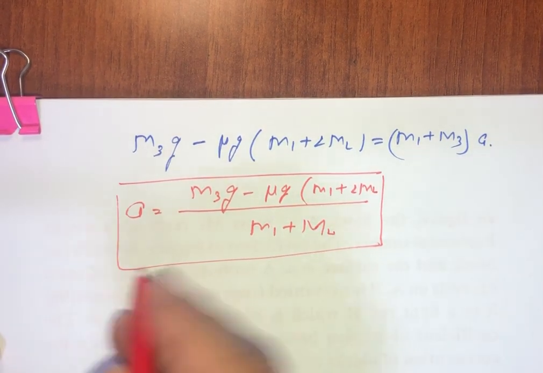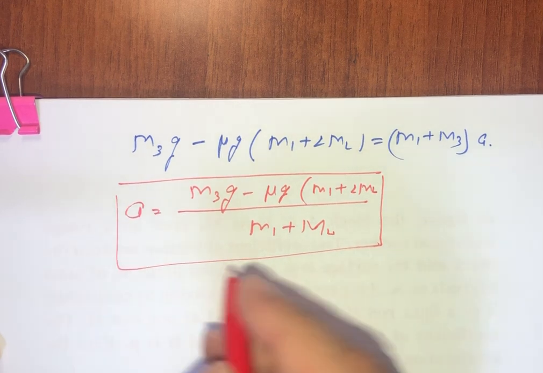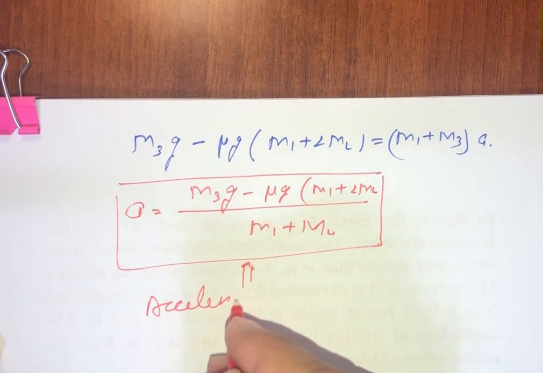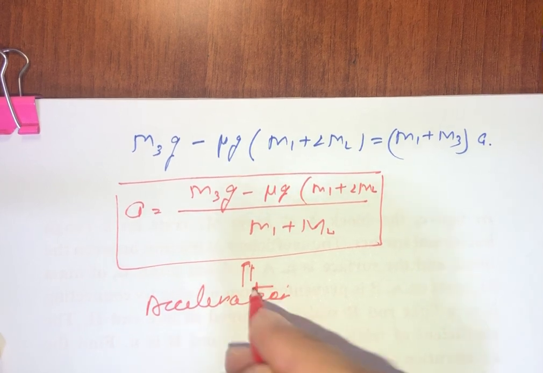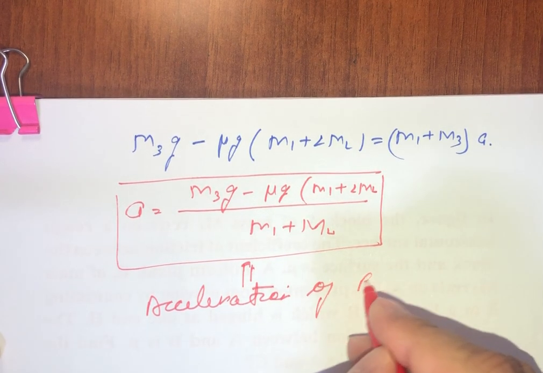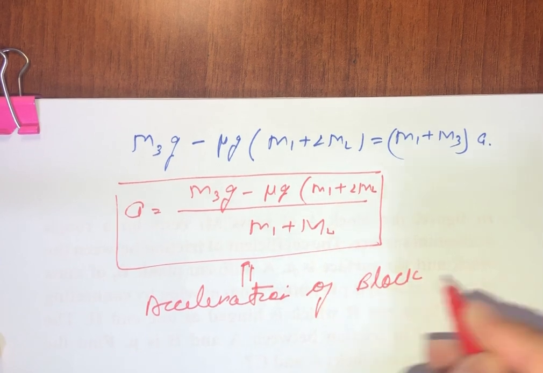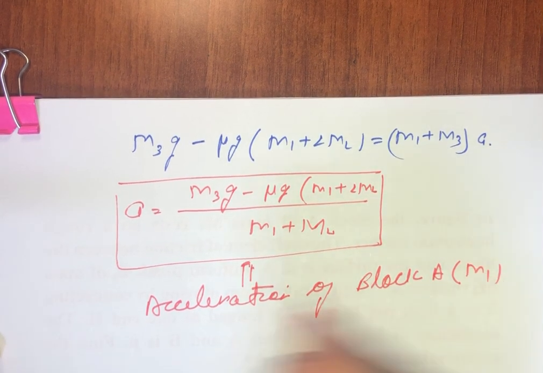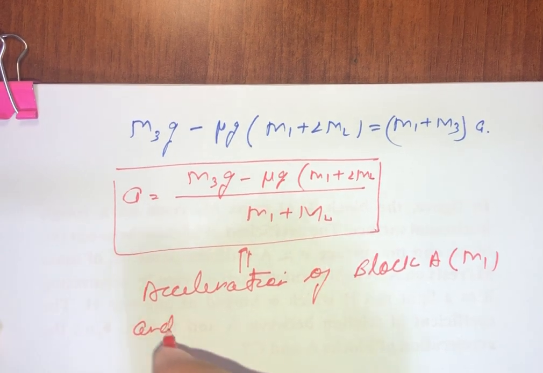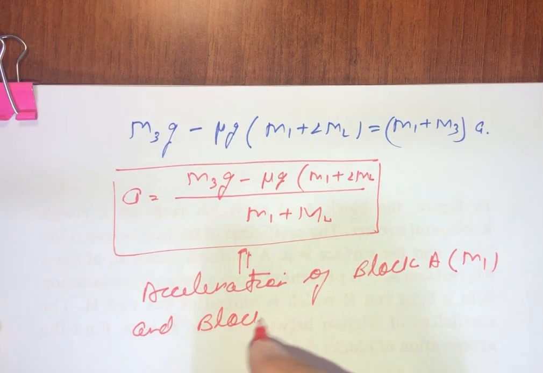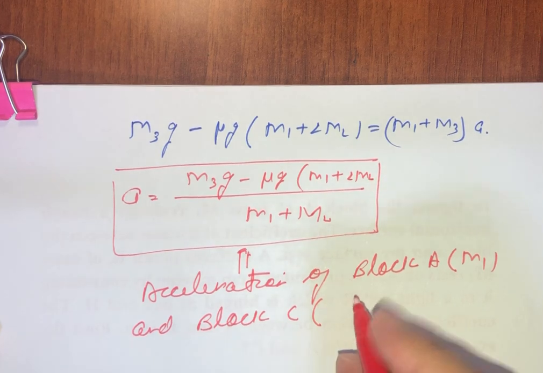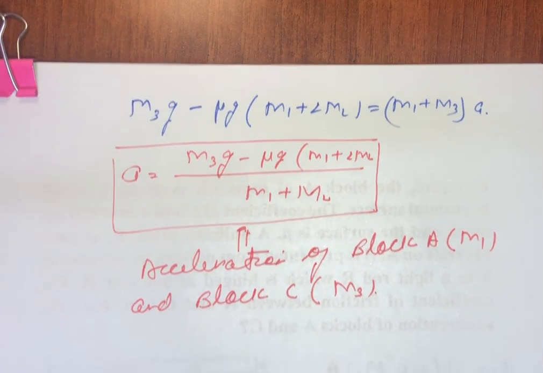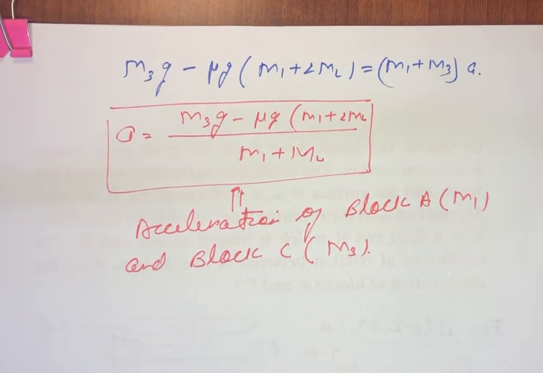So this is the acceleration of block A, whose mass is given as m1, and block C, whose mass is m3. So this completes the question. Thank you.